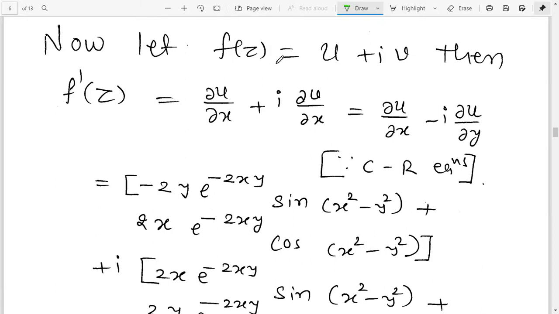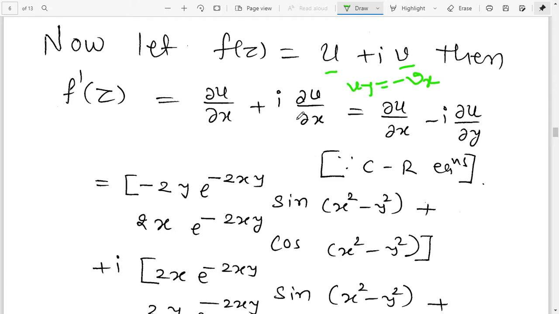Now let f of z is equal to u plus iota v, then f dash of z is equal to del u by del x plus iota del v by del x. Now using the CR equation, uy is equal to minus vx. So vx is equal to minus uy.